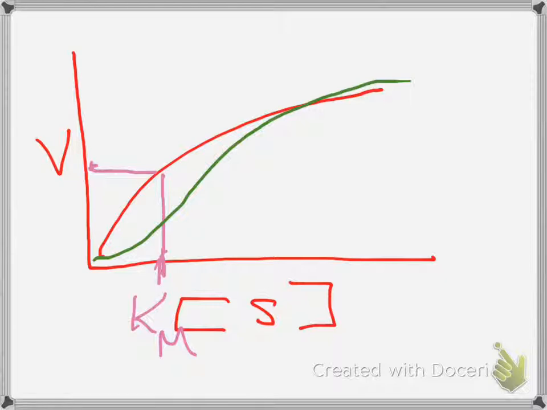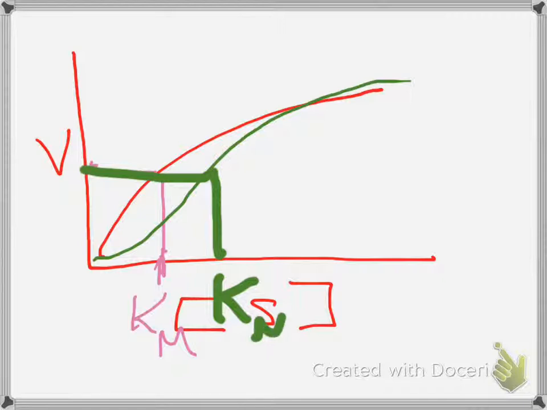You go down, but this would be where the apparent Km for the liver enzyme would be, in this example. But this is to show you what I mean by the fact that it has a lower affinity for its substrate. Why is that important?